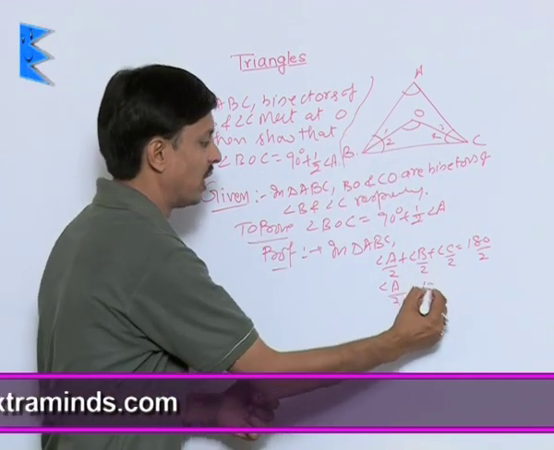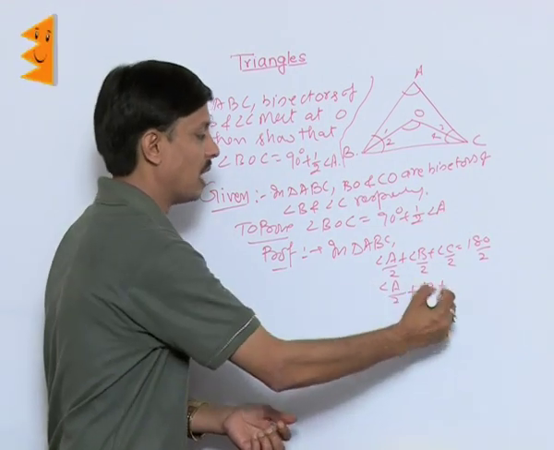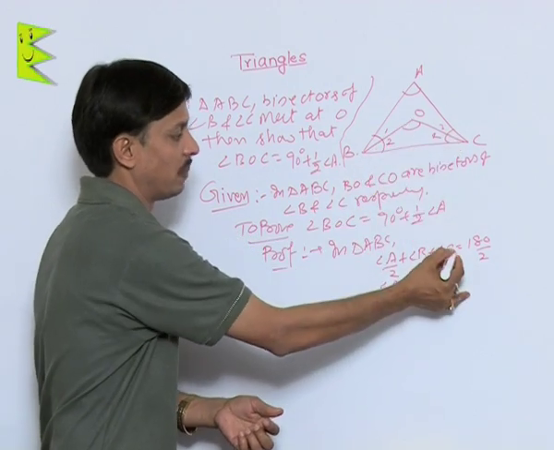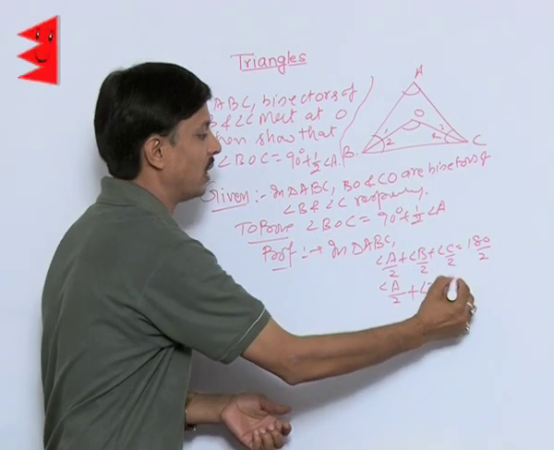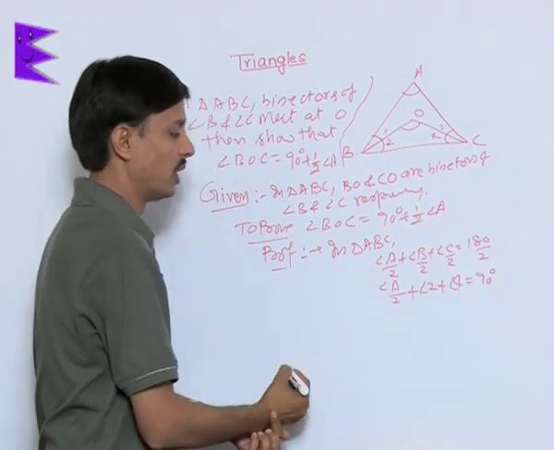So it is convenient to write angle 2 in place of half of angle B. Similarly, in place of angle C, it is the bisector C by 2. So we can write 3 or 4.